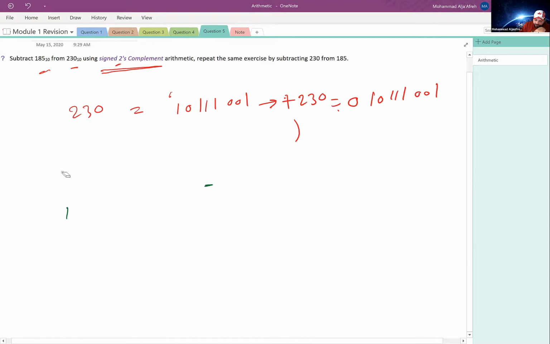I have copied the conversion of 230 in a wrong representation. So the 230 is represented by 0 1 1 1 0 0 1 1 0. This is the plus 230.